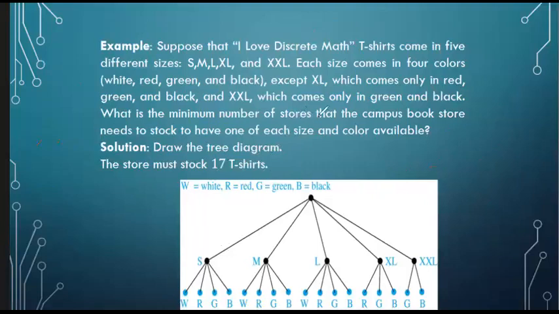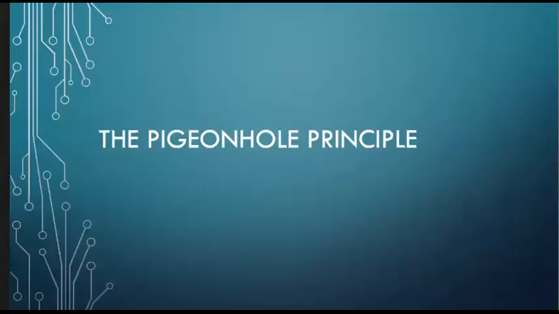Next we have a principle which is known as the pigeonhole principle. So first, let's suppose that we have a flock of 20 pigeons, and that flies into a set of 19 pigeonholes.